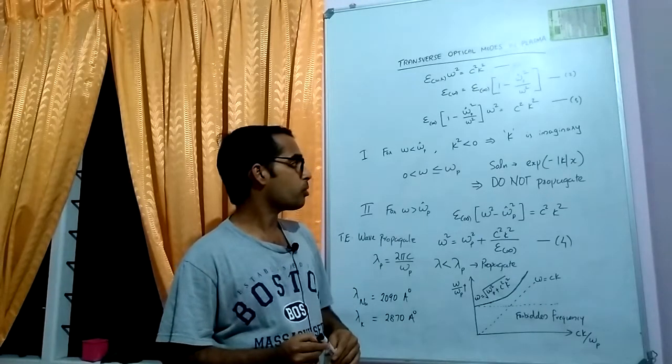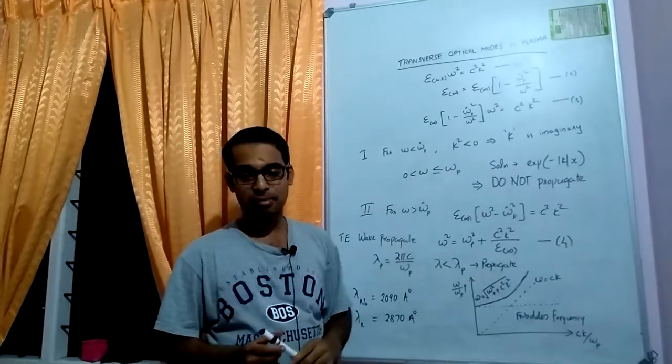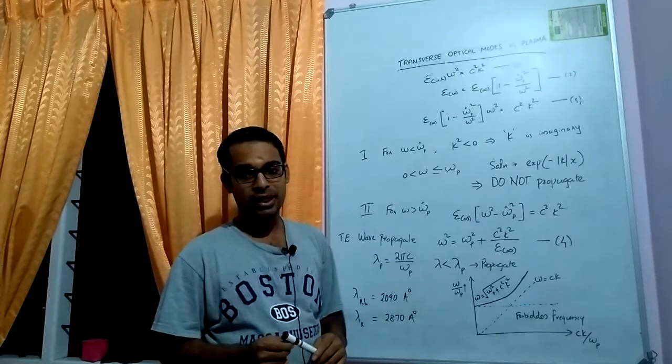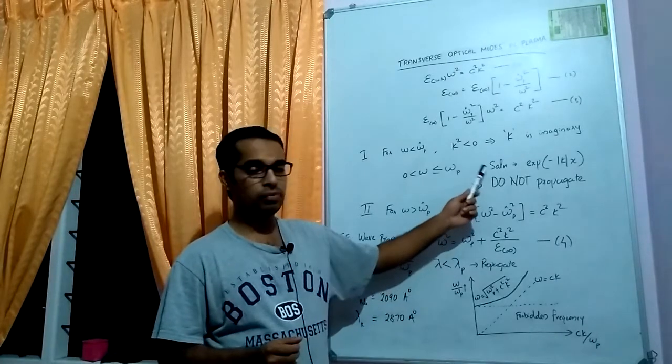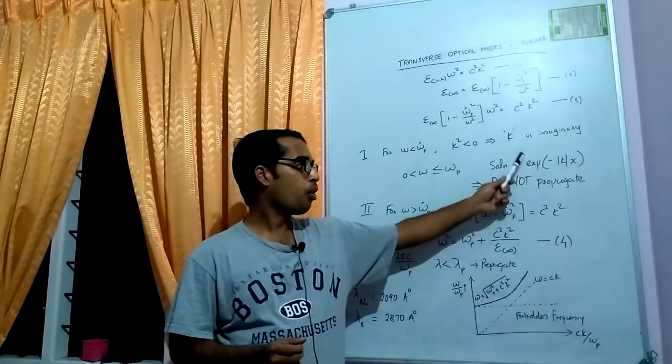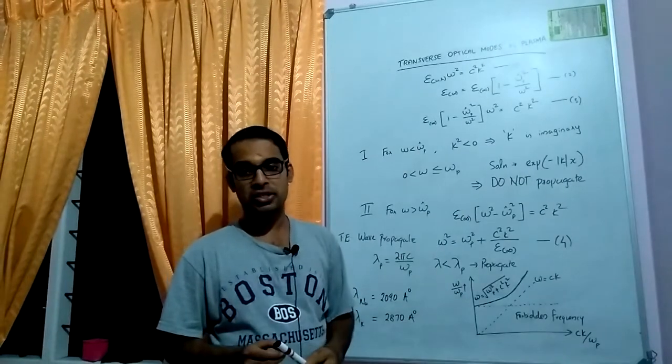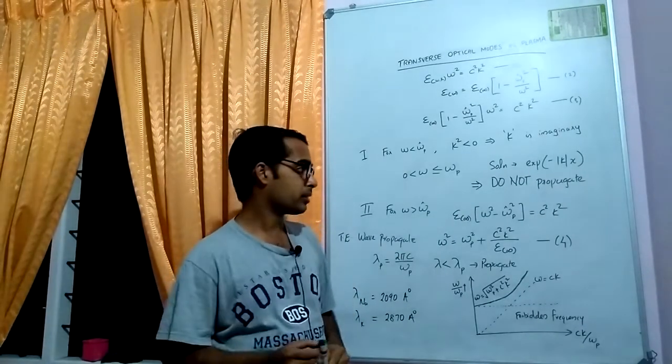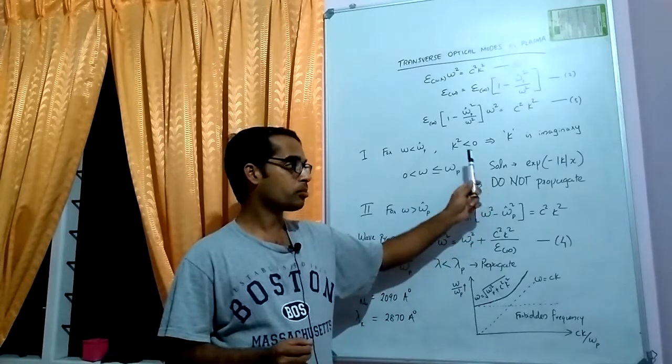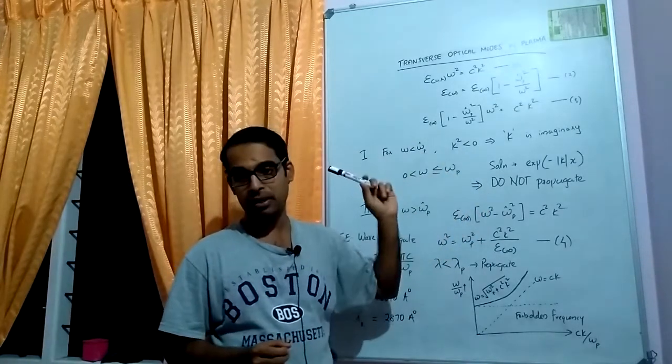When k is imaginary in the medium, the solution of the wave equation will be of this form, which is exponential of minus modulus k x, which corresponds to a damping oscillation.